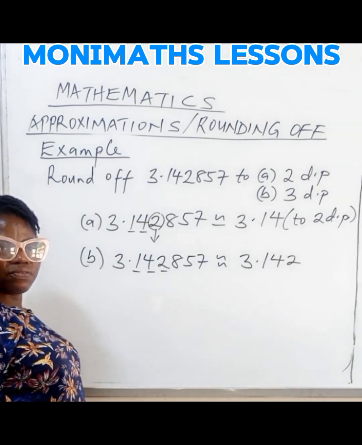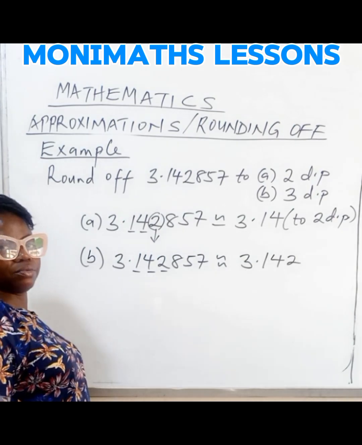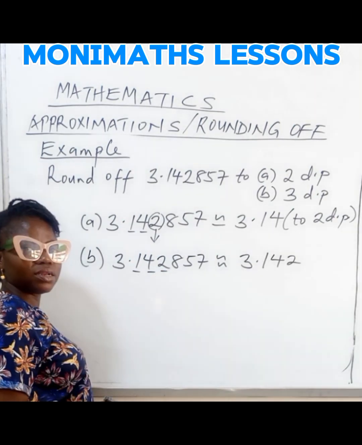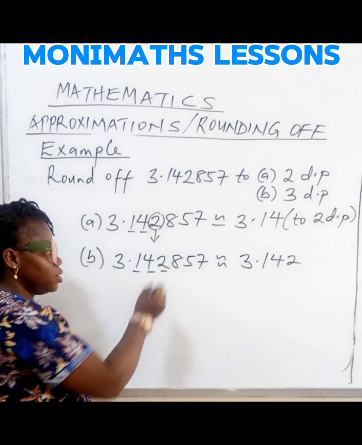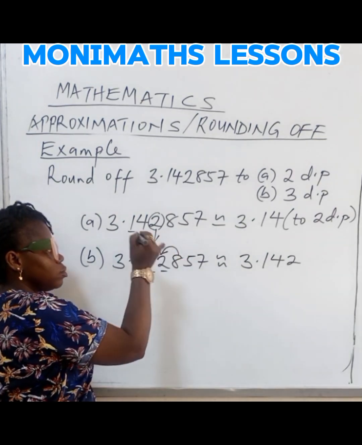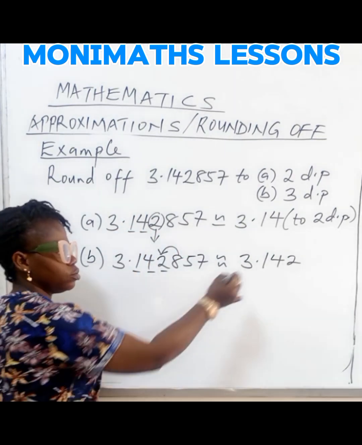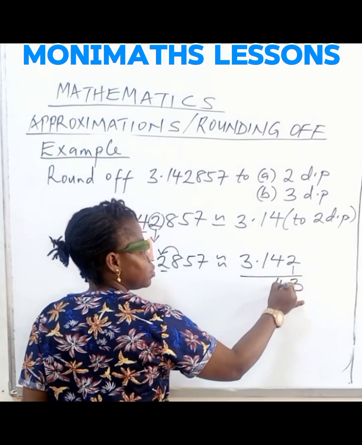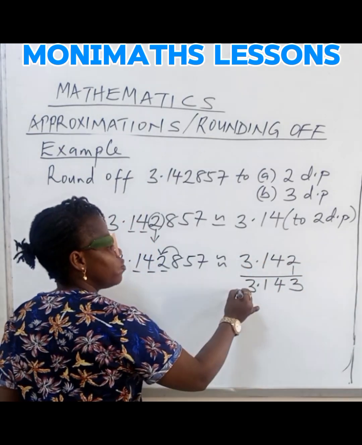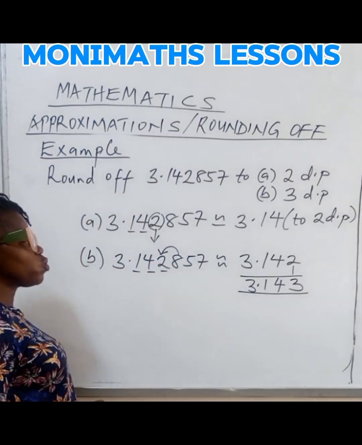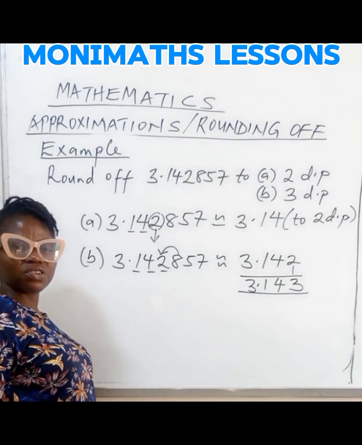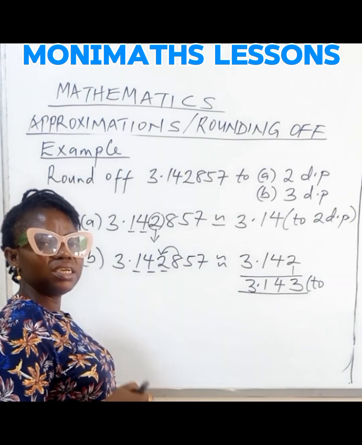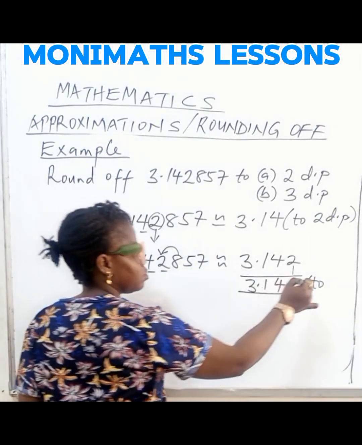If it is less than 5, it will be rounded down as insignificant. In this case, the digit after the third decimal place is 8, so it will be rounded up upon this 2 as 1. So I'll add it here upon it, so that I have 3.143. So 3.142857 is approximately equals to 3.143 to 3 decimal places.